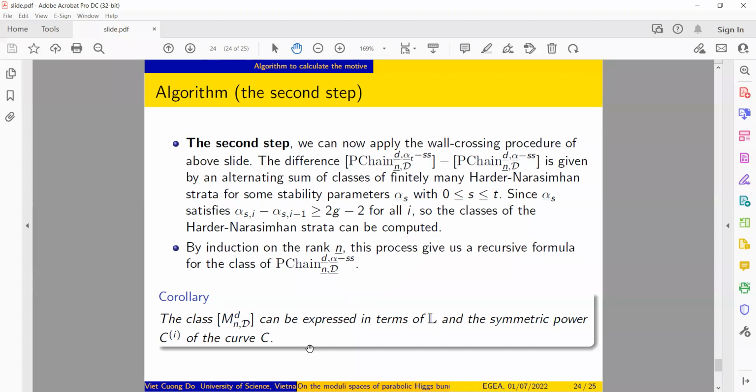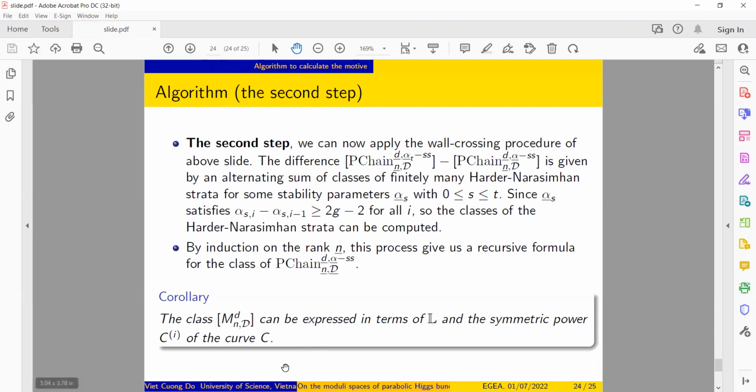One application of this formula is that if you have some formula in some characteristic, for example, Olivier Schiffmann gave a formula for counting the number of Higgs bundles on a curve defined over a finite field. But in his theorem, because of some technical problem, he needs some condition that the characteristic must be bigger than something.